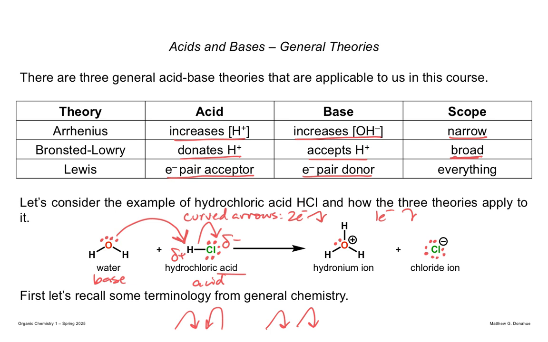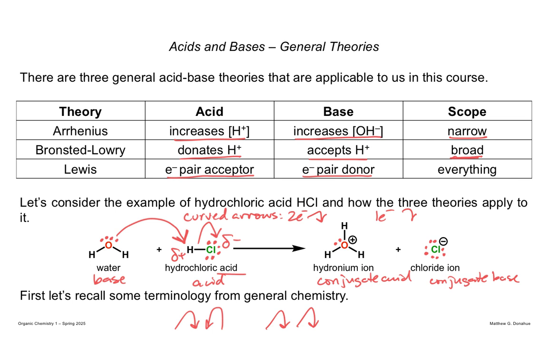So on the product side, what is the conjugate acid? Hydronium. And so therefore the chloride is the conjugate base. And then you just link up the pairs. So water and hydronium are the conjugate acid-base pair. Hydrochloric acid, chloride ion are the other conjugate acid-base pair.